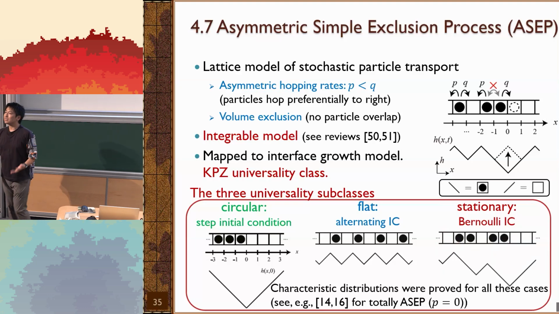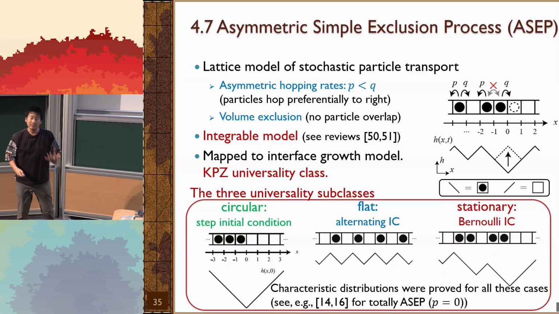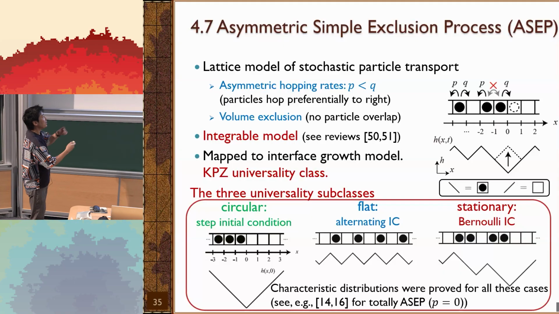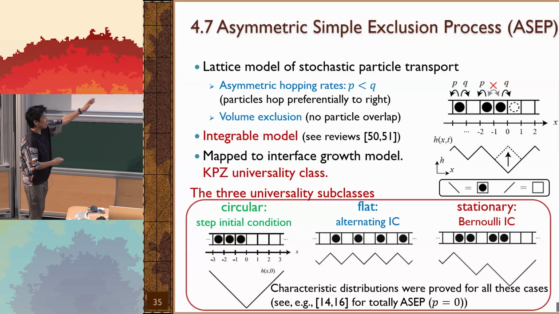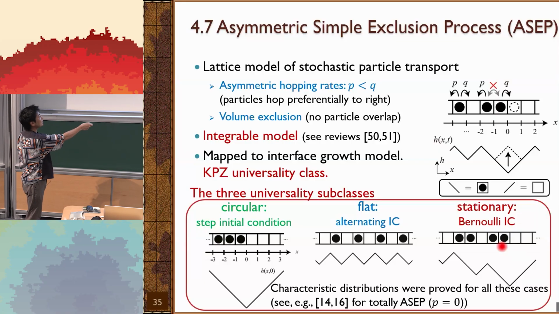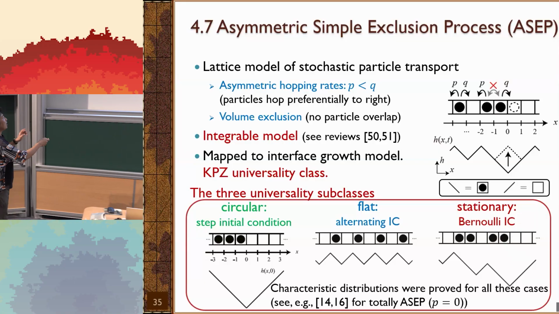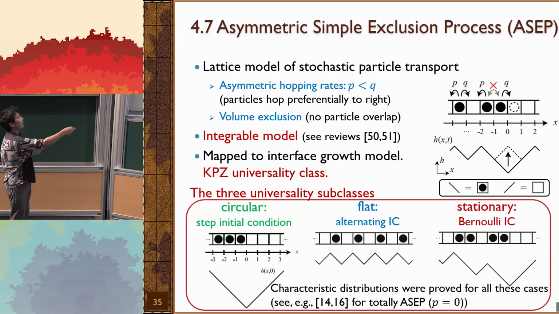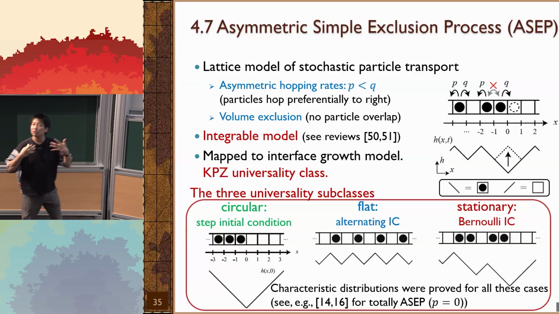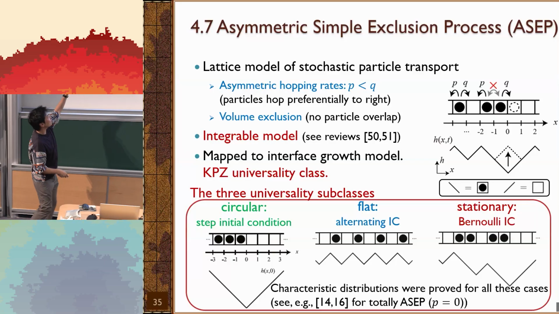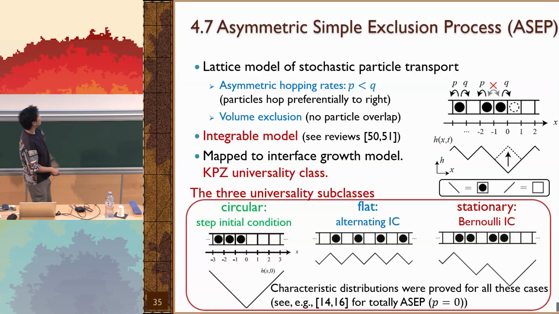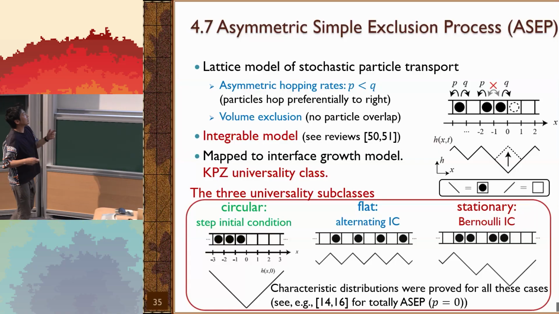That is a Bernoulli initial condition, and it's known to be the stationary state. And if you measure the interface height increment, you get the characteristic Baik-Rains distribution. So it is proven that all these initial conditions lead to the characteristic distributions I explained yesterday: GUE Tracy-Widom, GOE Tracy-Widom, and the Baik-Rains distribution, even for the case of ASEP.